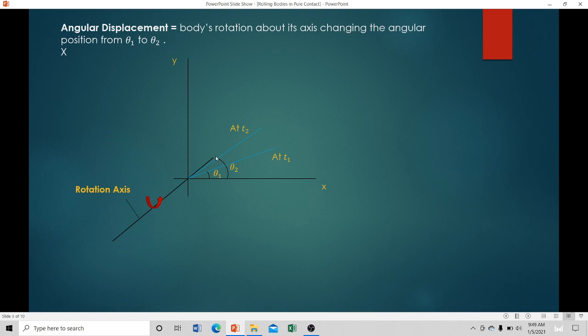As we observe this graph, we can get the value of the angular displacement.